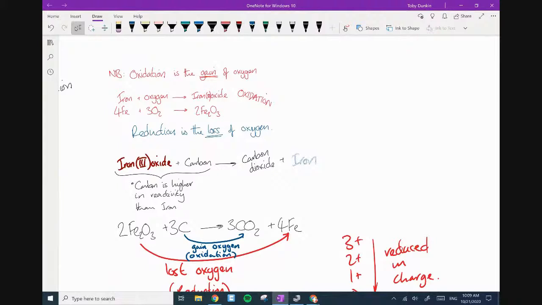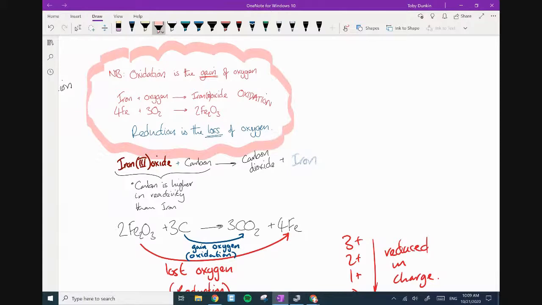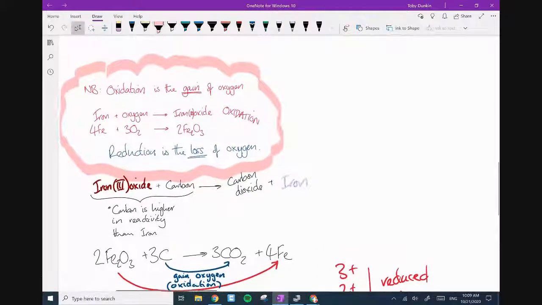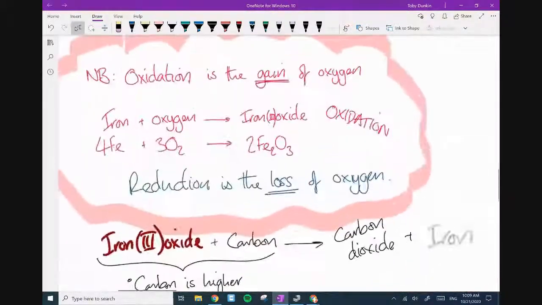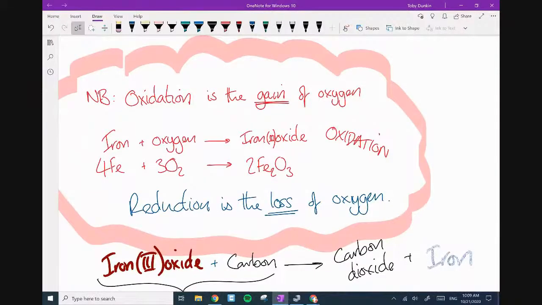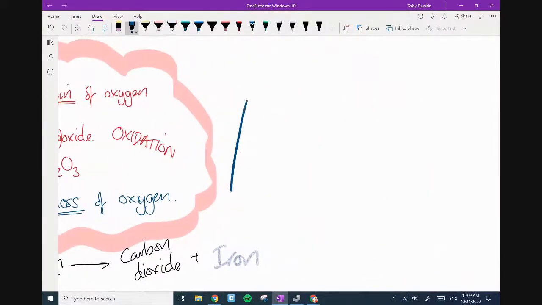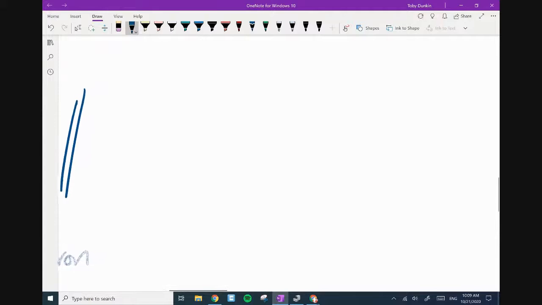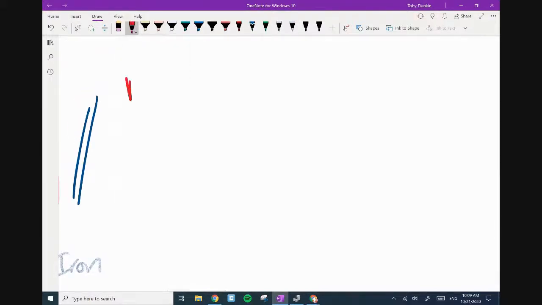I'm going to put that in a box, in a pink bubble. It's an important nota bene. You can look at oxidation and reduction in terms of oxygen, but you can also look at it in terms of electrons. So this is a second nota bene.